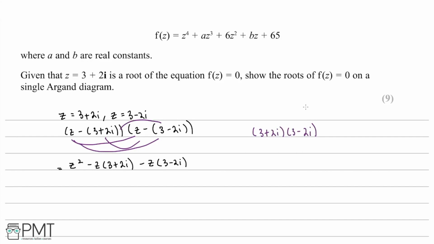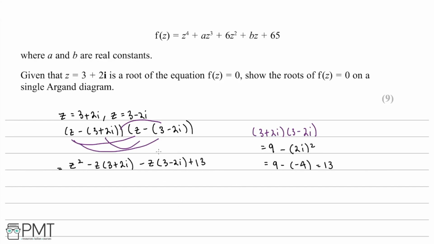And if you notice here, this would be a difference of two squares. So it would be 3 squared, which would be 9, minus, well, 2i all squared would be minus 4. So it would be 9 minus minus 4, and this would be 13. So you add 13 on the end of this.